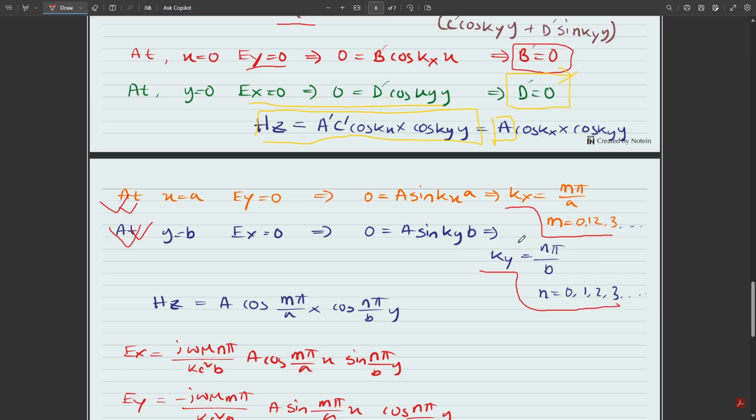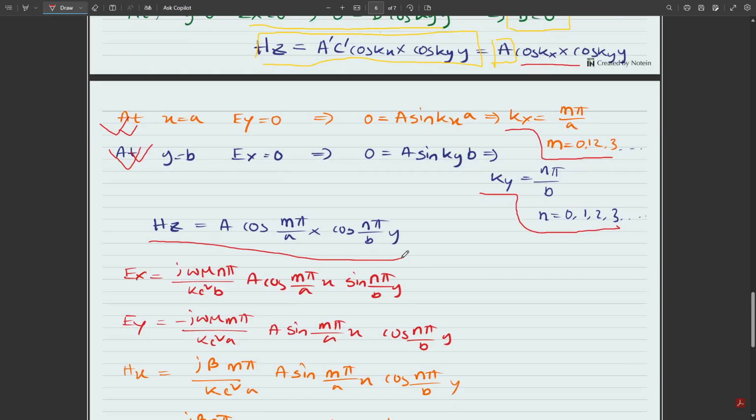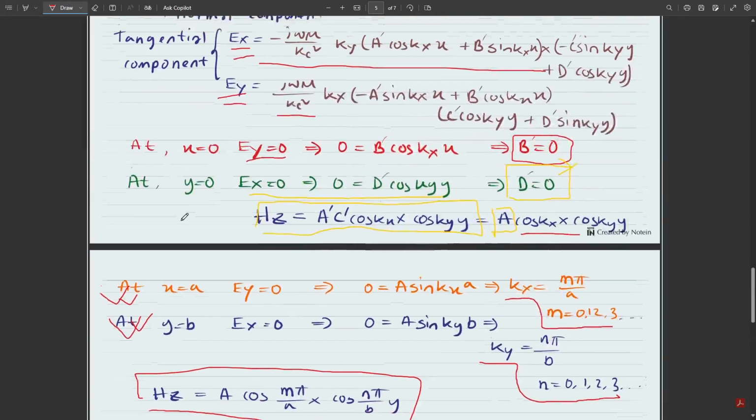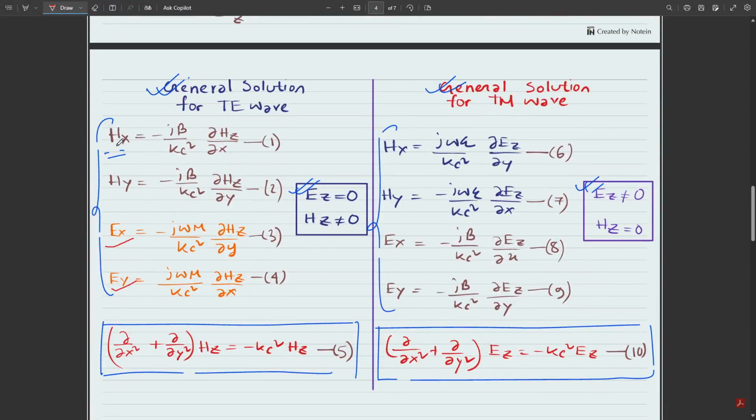Okay, so kx and ky are the components of our wave propagation vector. So we will be writing this m pi by a and n pi by b in our original equation, this one. Okay, so this is our equation, and using the general equations for the transverse electric wave, we'll be finding four equations. For the parallel plate case, two equations became zero, because del by del x was zero.